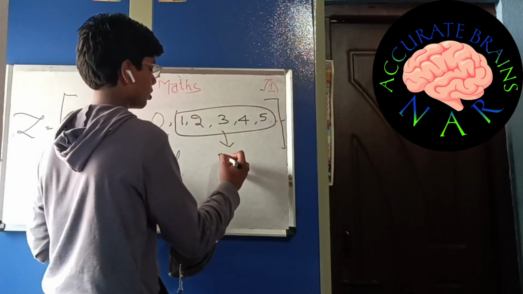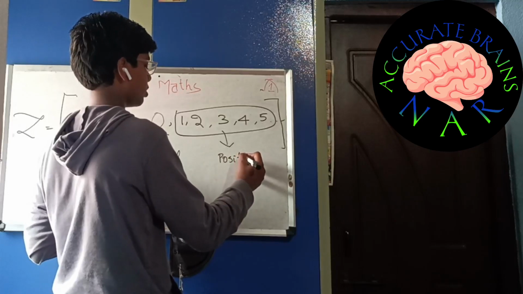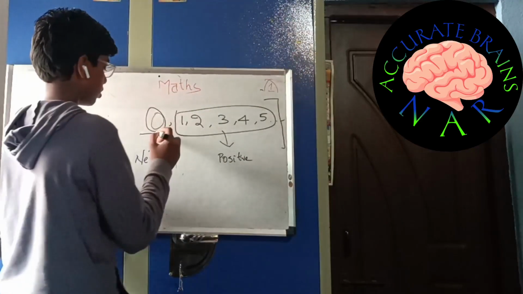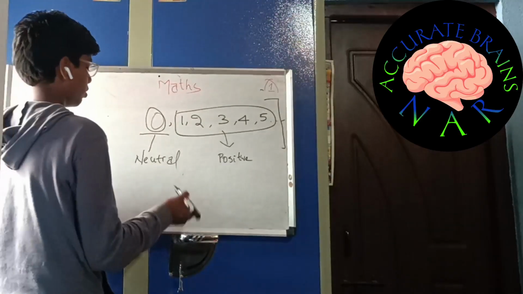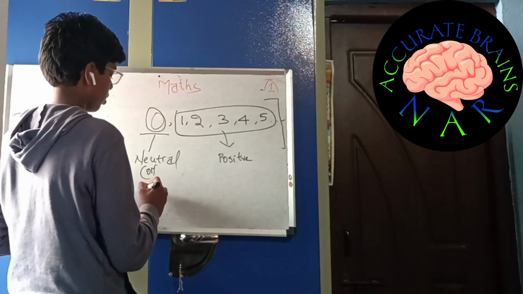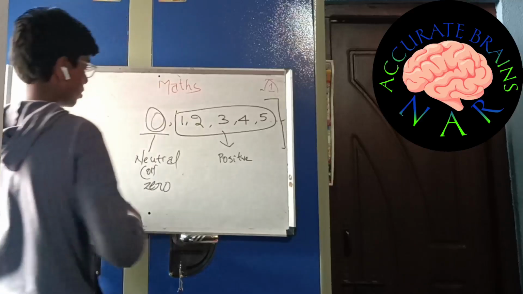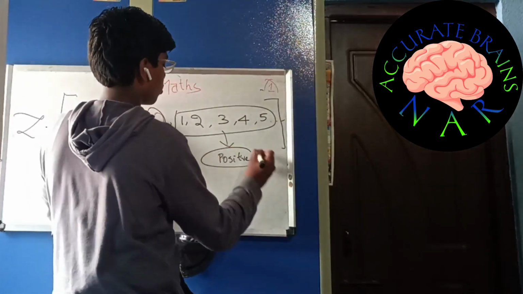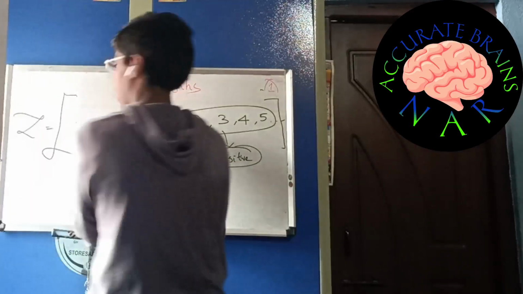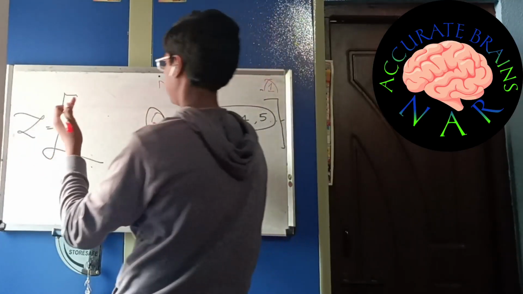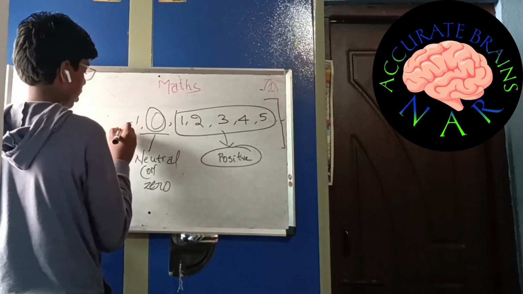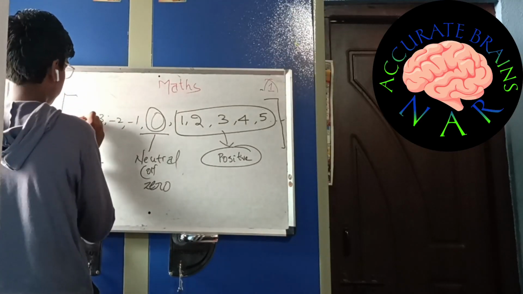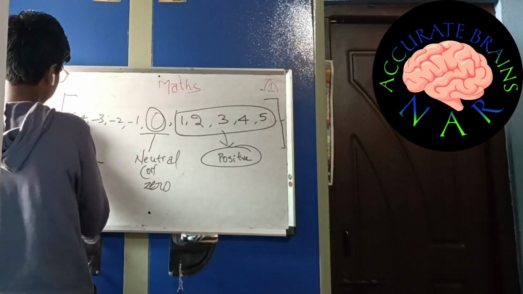This topic is clear, right? This is the neutral number, which is 0. On the right side of 0 we have positive numbers, and on the left side of 0 we have negative numbers, which are -1, -2, -3, -4, -5 and so on.